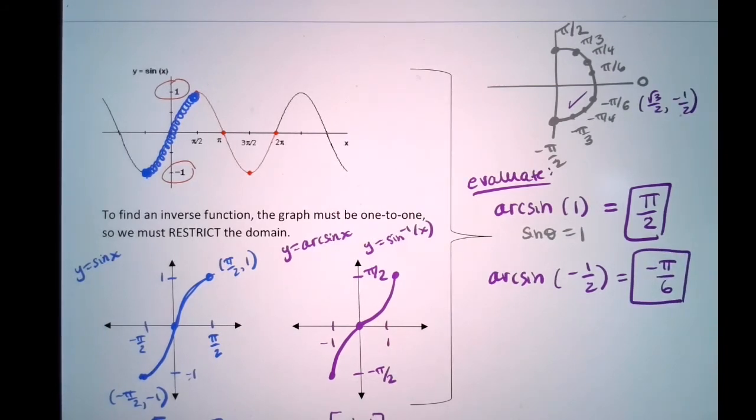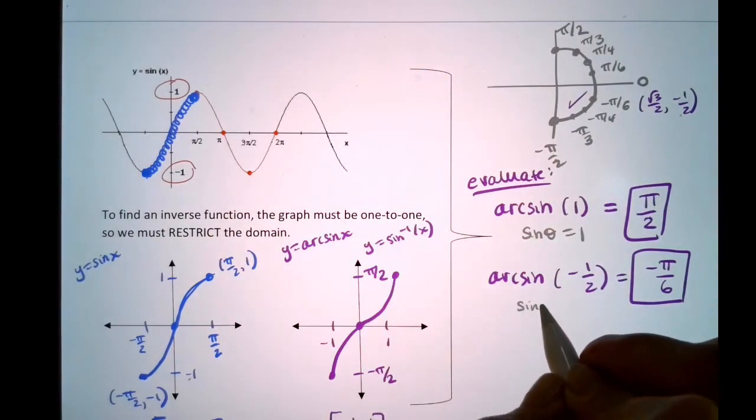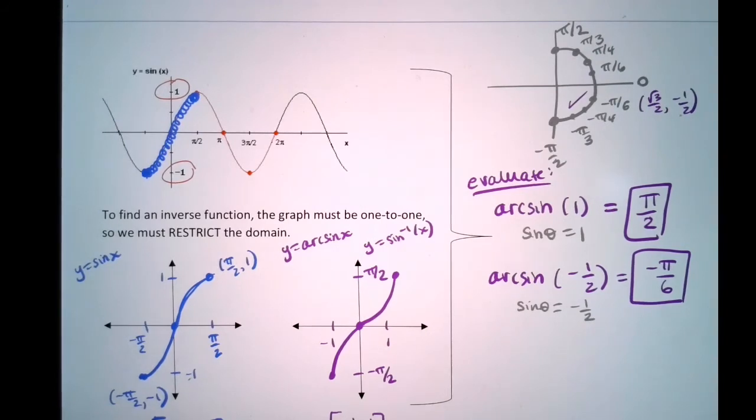Okay. If you need to write that translation in there, go ahead and do it. But hopefully when you get fast enough with it, you won't need to do that. But that is what that means. Arc sine of negative 1/2 means, hey, there is an angle so that the sine of that angle is negative 1/2. Find it. And make sure your answer is between negative pi over 2 and positive pi over 2. Those are the only values you can use for your answer.